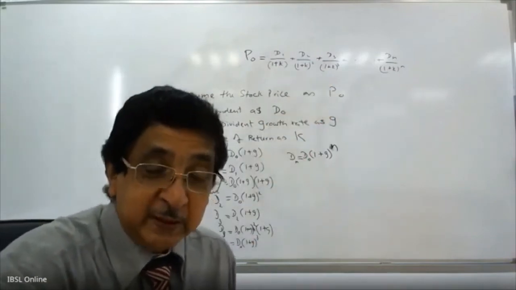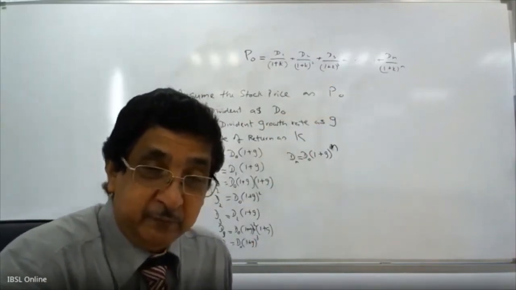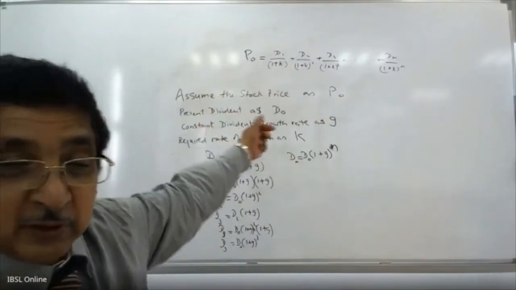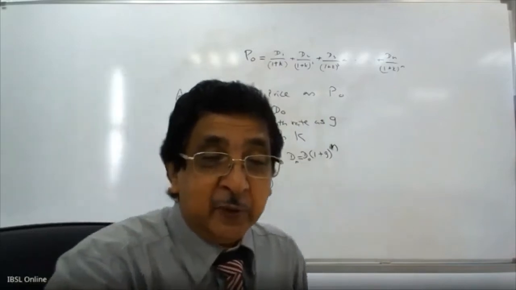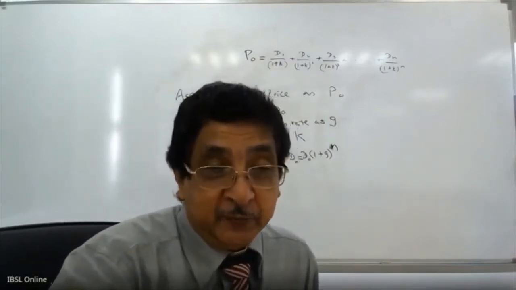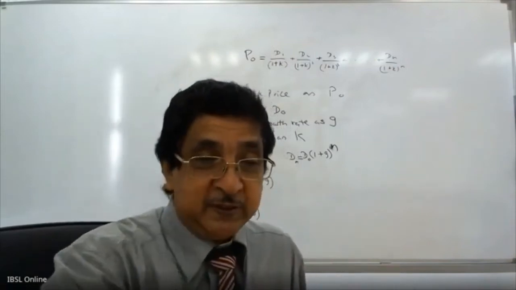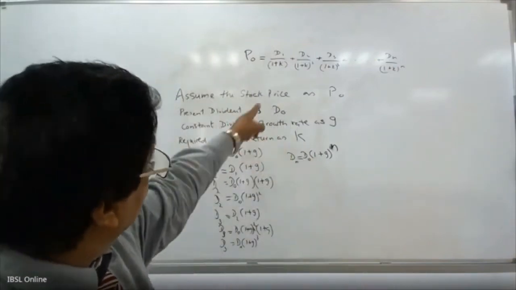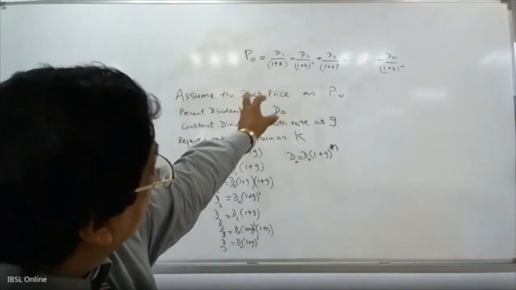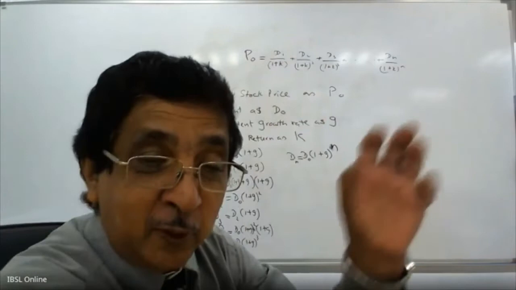Now we will see how we can solve this, because now there are several unknowns here. With several unknowns, it is very difficult for us to arrive at an answer. So what we do is simplify those things. And I have shown you how you can replace D1, D2, D3 and Dn with D0 and G forms.